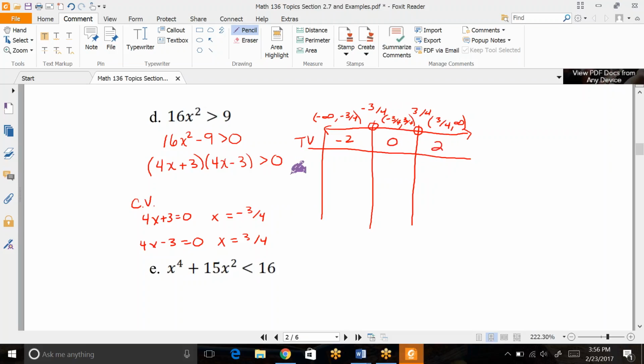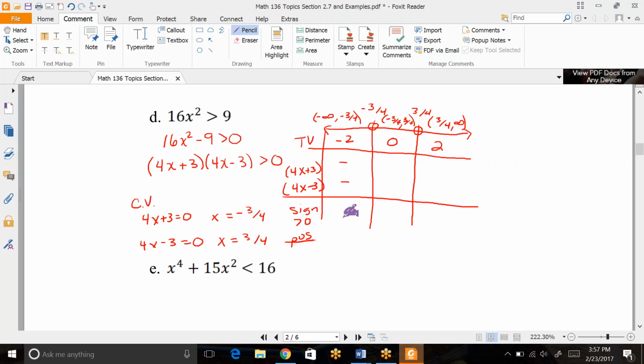My factors are 4x plus 3 and 4x minus 3, and we want to know if we multiplied those together what would be the overall sign, and we want our sign to be greater than 0, so we're looking for positives. So negative 2 times 4 is negative 8, plus 3 would be negative 5, so that's negative. Negative 2 times 4 is negative 8, minus 3 would be negative 11, so that's also negative.